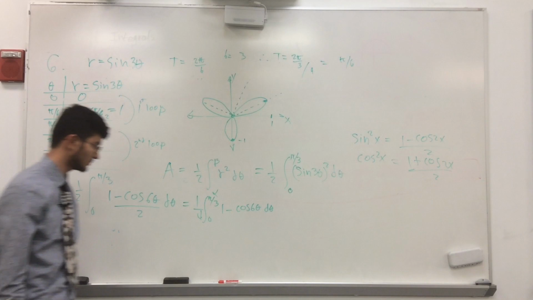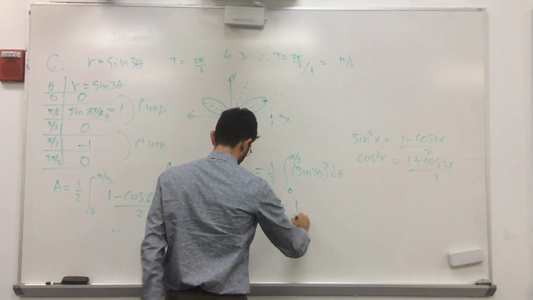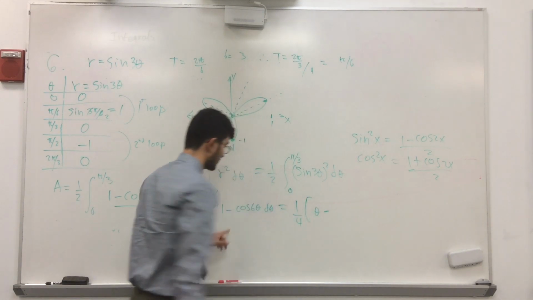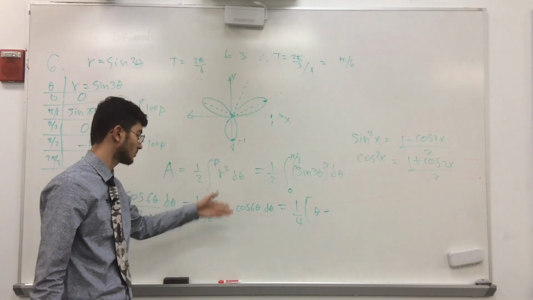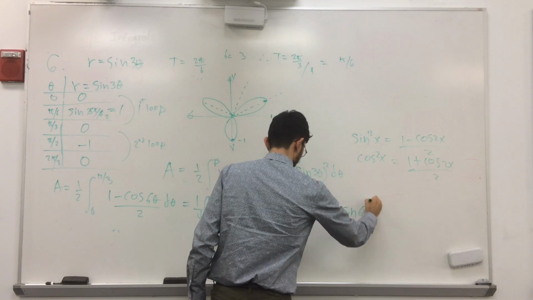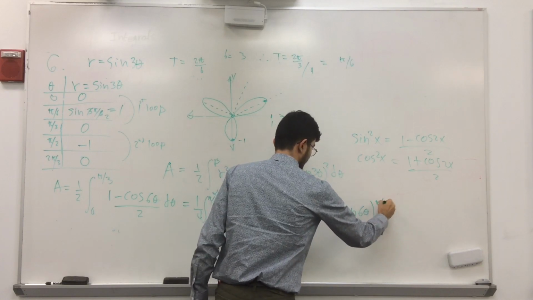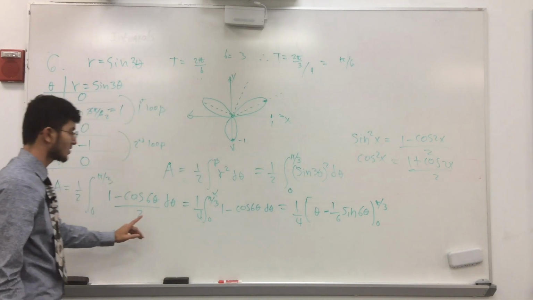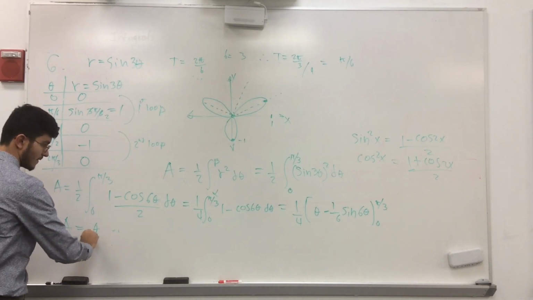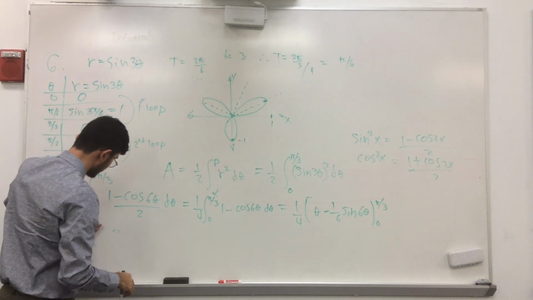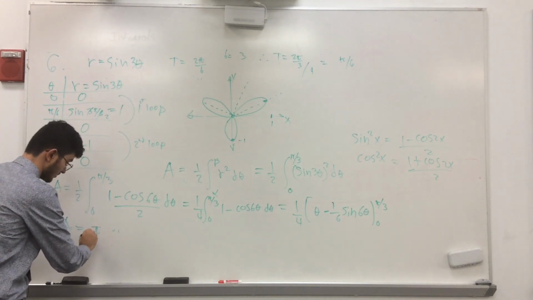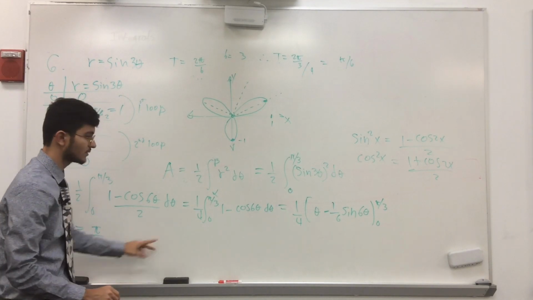This is an easy integral. It's 1/4 of theta minus, integrating cosine 6 theta using the chain rule, 1/6 sine 6 theta, all evaluated from 0 to pi over 3. Let's substitute the values. The first term is pi over 3 over 4, which is pi over 12.